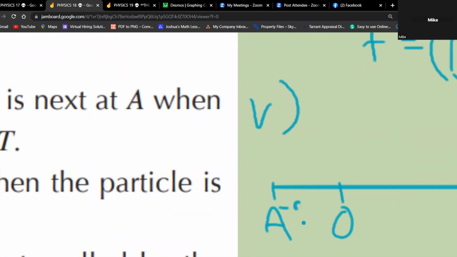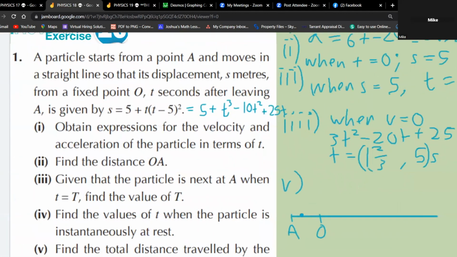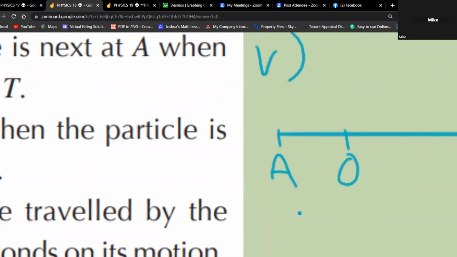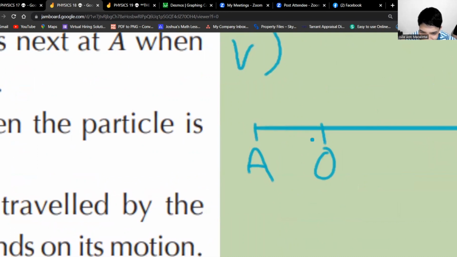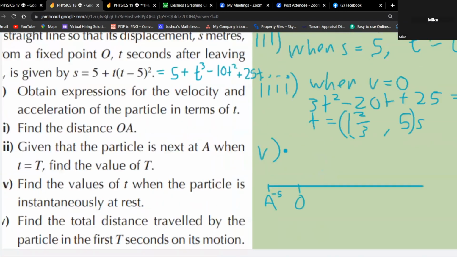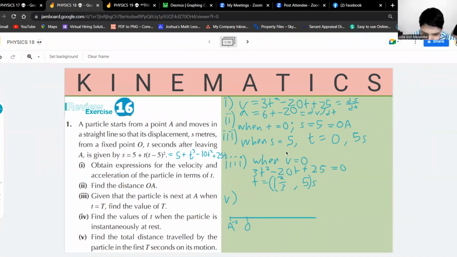Wait, no. It says the particle starts from a point A and moves in a straight line, S meters from a fixed point O. S, at any given time, is measured from O. So it starts from -5? No, look. What is the value of S when t is equal to 0? 5. So S equals 5, it should be to the right of O, because the displacement is positive, not negative.